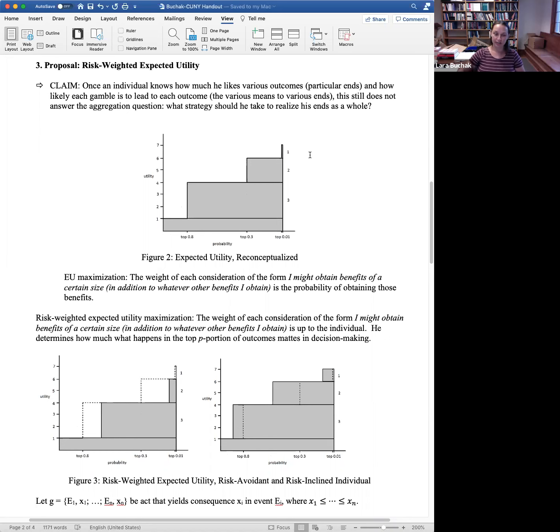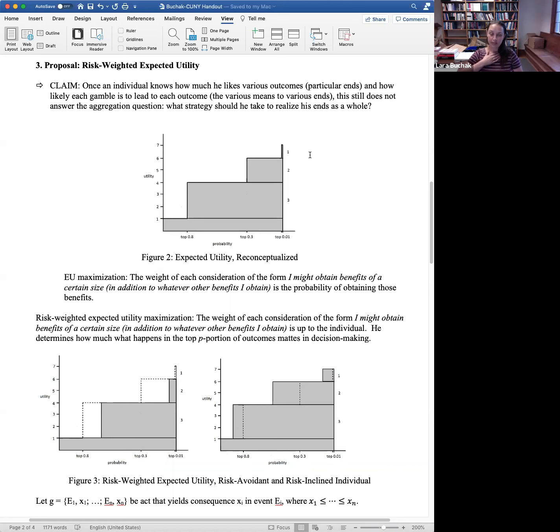Maybe, for example, it gets weight 0.6. Stuff that I only get in the top 30% of states, that's worth something, but that's worth proportionally even less to me. So maybe it just gets weight like 0.1 in my deliberation. And stuff that I only get in the top 1% of states, that's worth very little to me. Maybe it gets weight 0.001 in my deliberations.